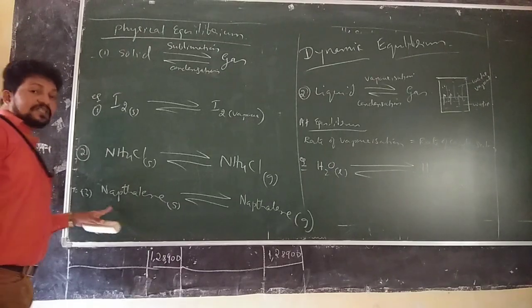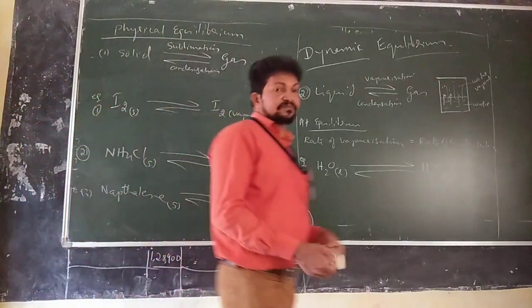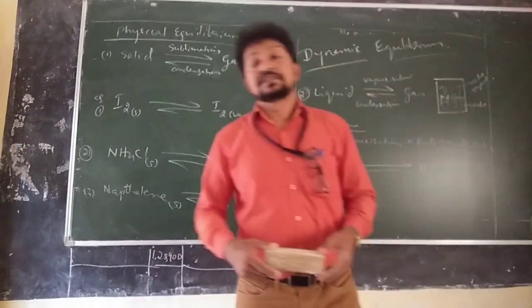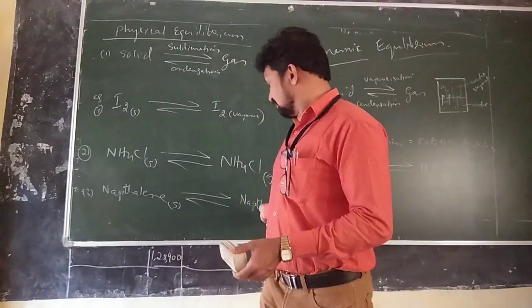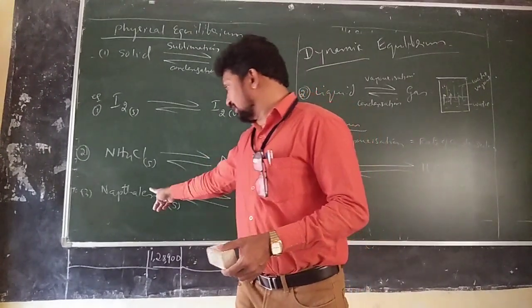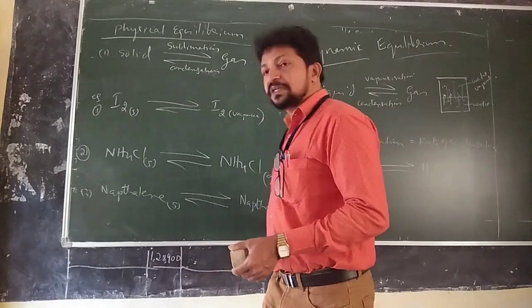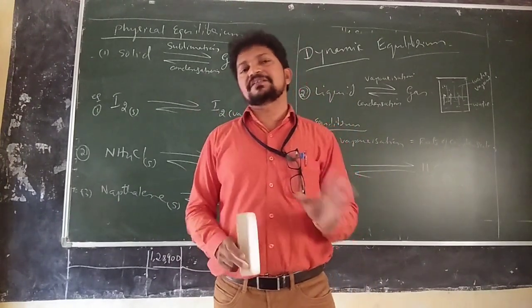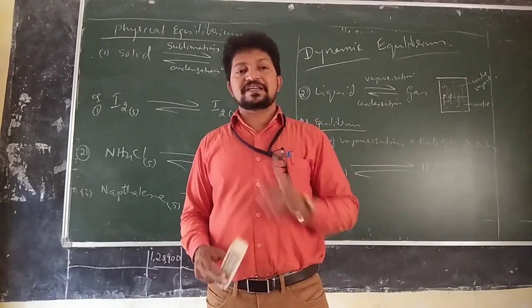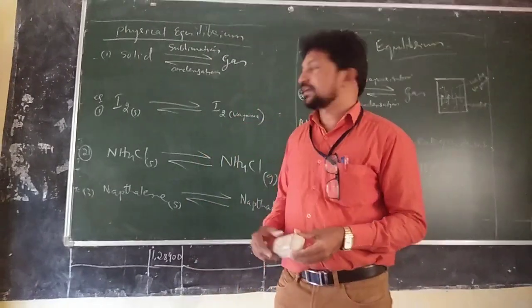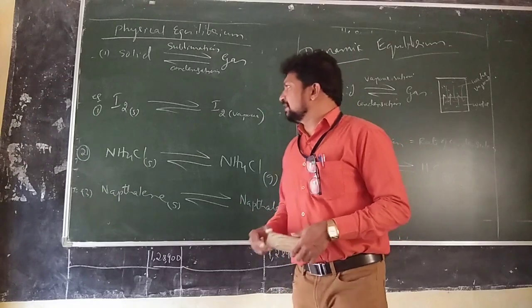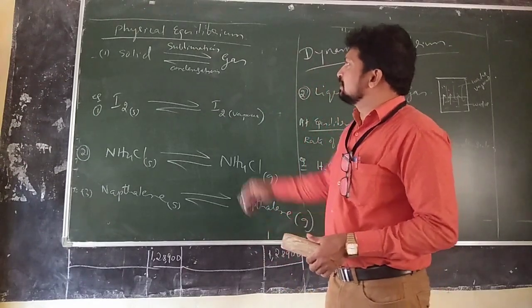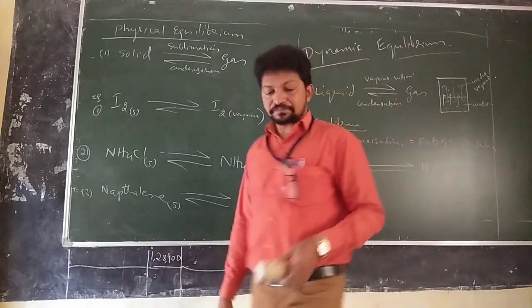See, the rate of naphthalene sublimation is equal to the rate of condensation, provided it is a closed system. Remember, matter should not escape. I have already told you. It should be reversible. It should be a closed system. So this is another type of equilibrium.